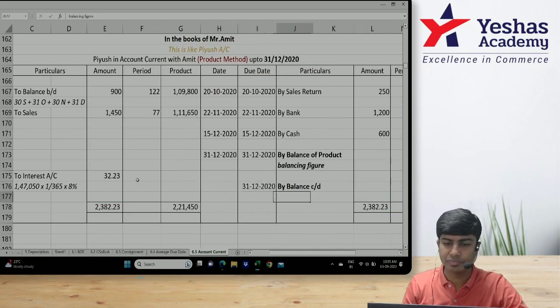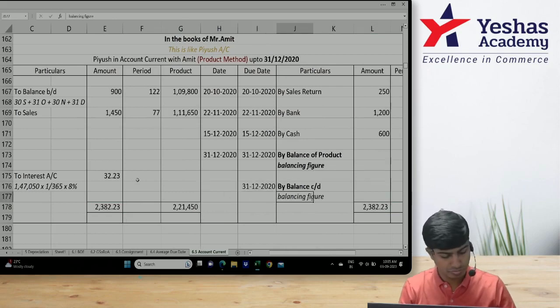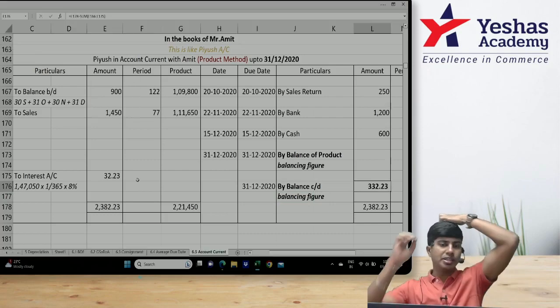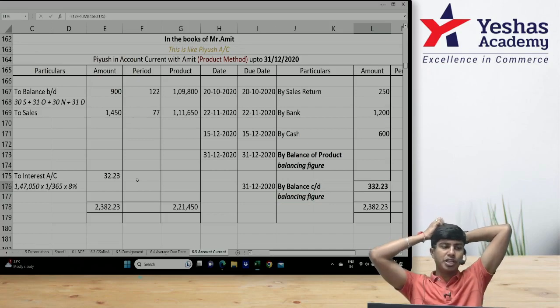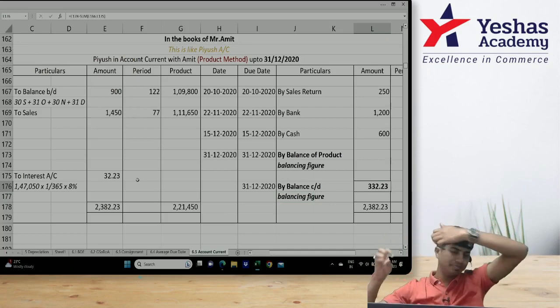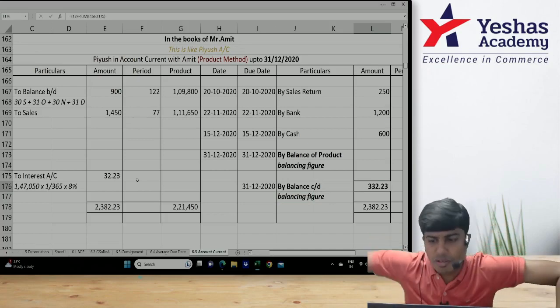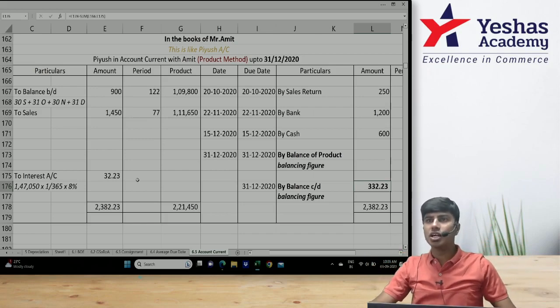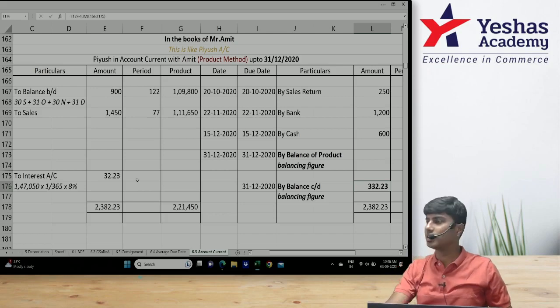Identify the balance in figure. So Amit has to receive from Piyush 332 rupees 23 paisa. Amit has to receive from Piyush how much? 332 rupees 23 paisa. Did you get this?